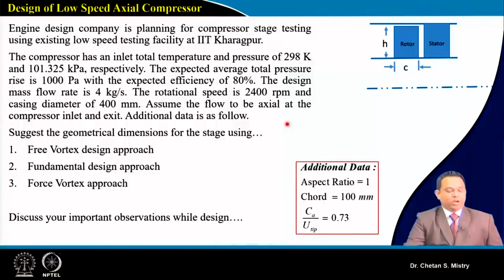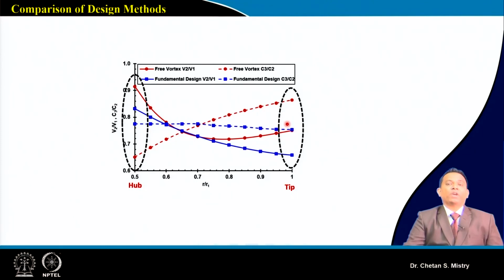Now this is all we have discussed in terms of comparison for the free vortex concept, as well as our fundamental method. What we realize is that the free vortex concept is easy in sense of doing our calculation, but it has many constraints. The positive thing about the free vortex concept is that it satisfies our radial equilibrium equation, and that is our need.